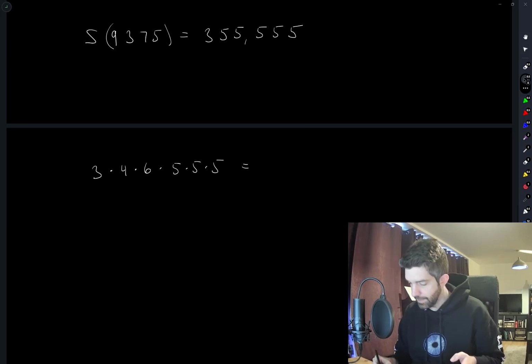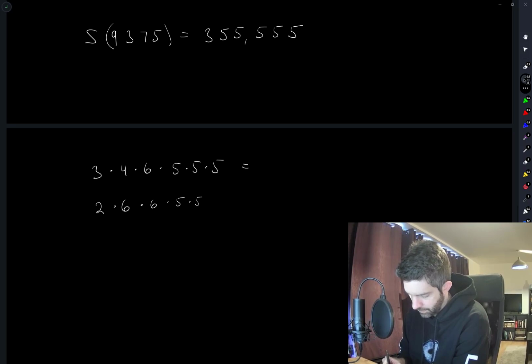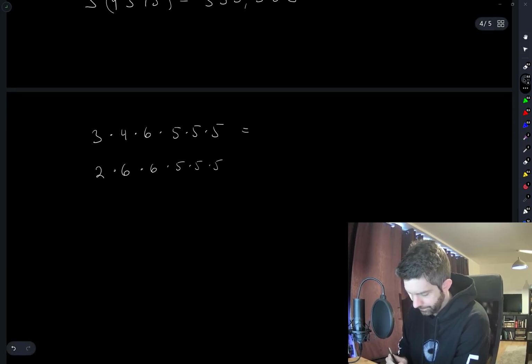right, this product is equal to 9,000. But this output is not legal because I can rearrange things here. The 3 times 4 can be arranged into 2 times 6 times 6 times 5 times 5 times 5.